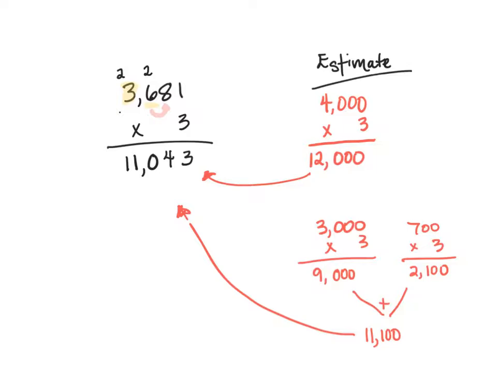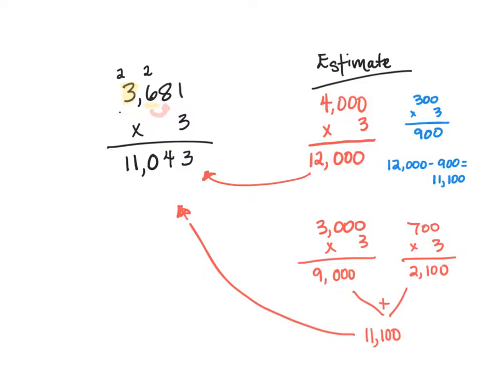Now, I know some of you are thinking, well, Ms. Hawk, if you round 3,681 to 4,000, and you're roughly pulling out 300 groups, you could say 300 times 3 is 900, and then you can say 12,000 minus 900 gets us to 11,100. So you could do it that way as well.